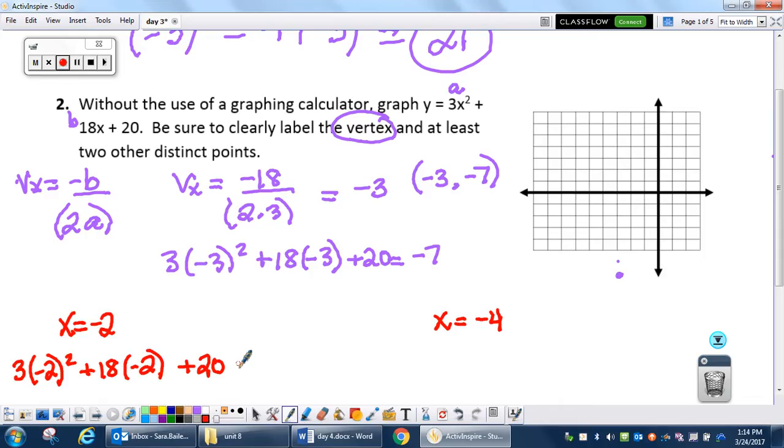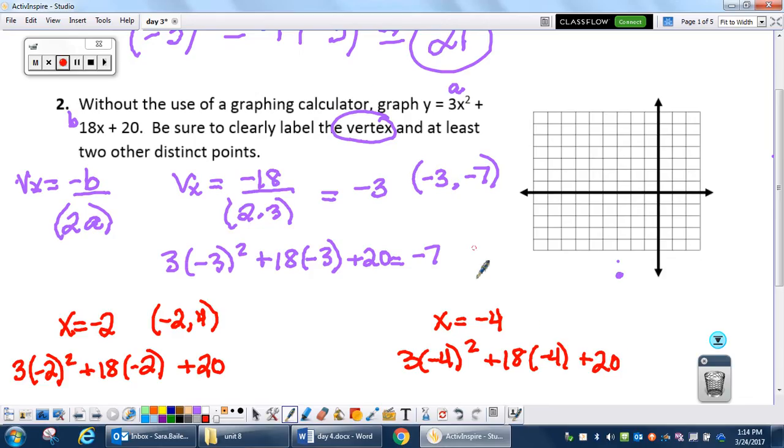And that should give you negative 4. So now you have a point of negative 2, negative 4. And then when you plug in negative 4, that should be giving you also negative 4. So now you have 2 new points to plot. Whoops, it should be negative 4, negative 4.